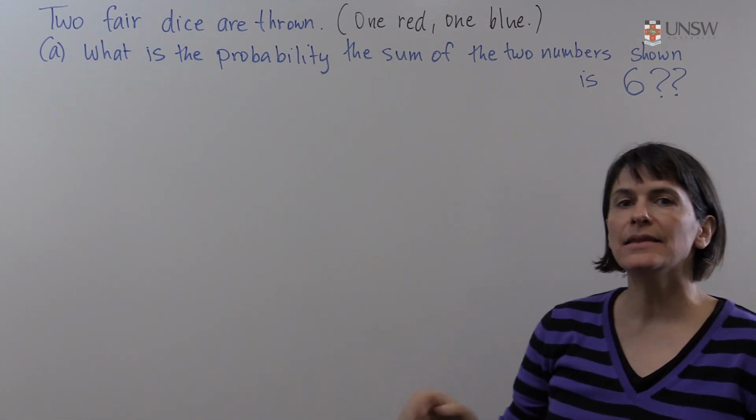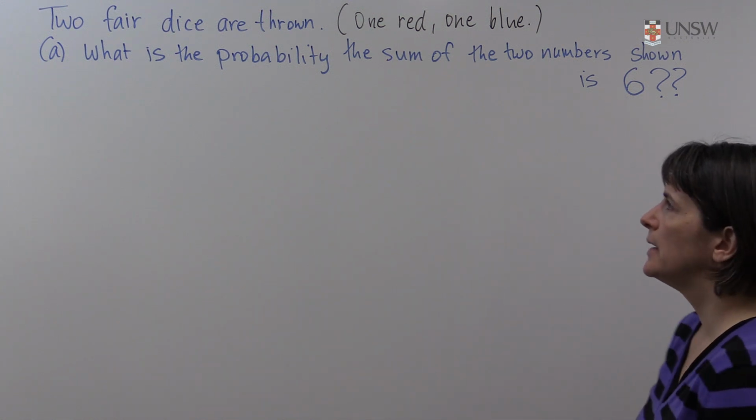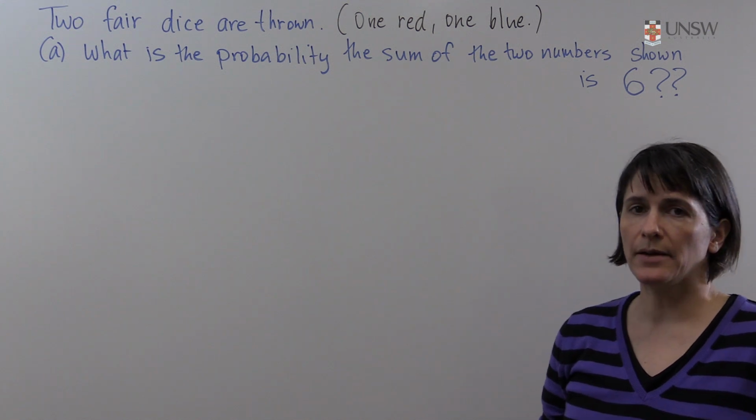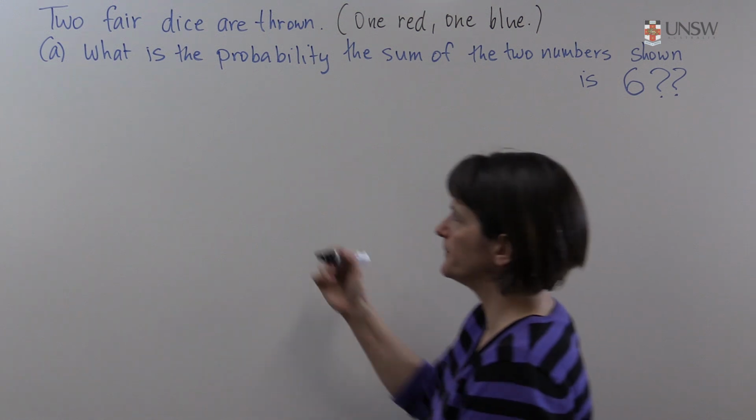What's the probability that the sum of the numbers that you see on the dice actually adds up to 6? So we need to look at all possible outcomes, the sample space, and that's all possible pairs of numbers that you can see.